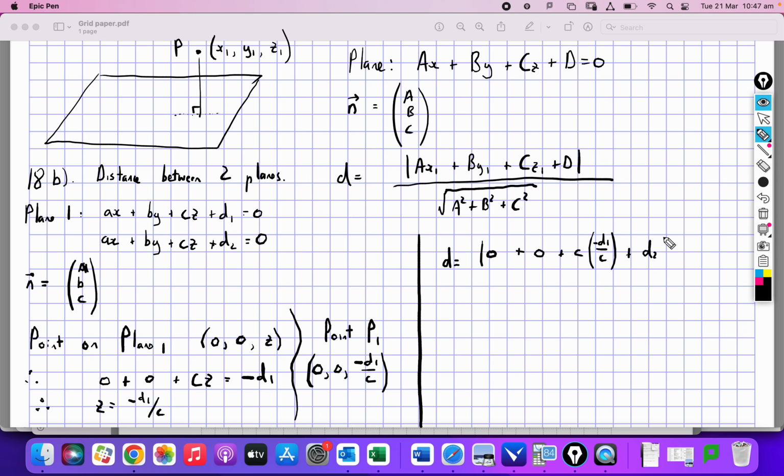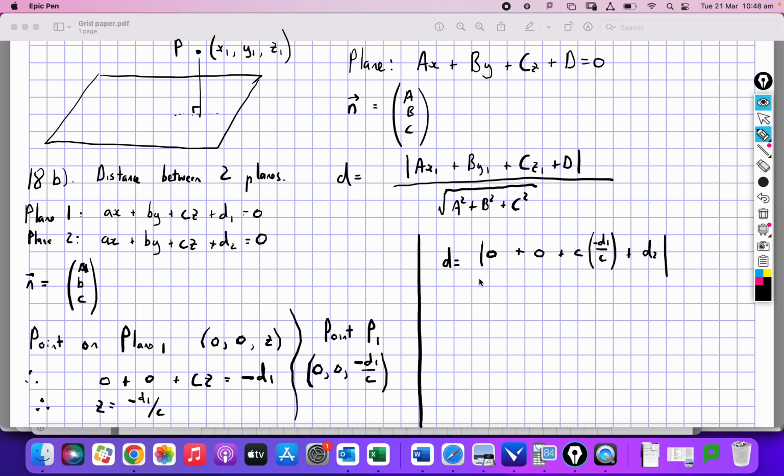So I'm using plane 2 as the plane, I'm using plane 1 as the point, right? I can't use plane 1 to plane 1 because there's going to be no distance, right? So I've got my point from plane 1, I'm using plane 2 to satisfy the a, b, c, d, so that there is actually some distance between them, right?